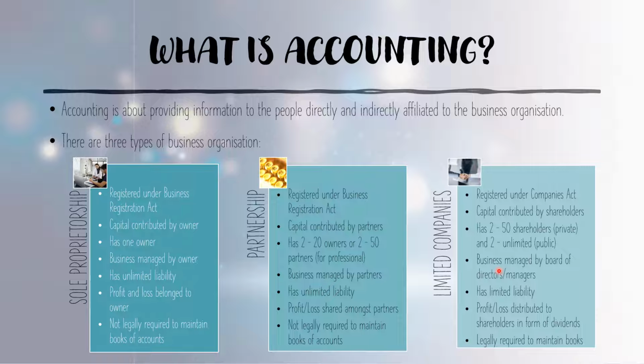The bigger the company is, the more distant between the owner and the manager. So usually owners will vote to hire the board of directors at the annual general meeting. So under limited company, the owners and the board of directors or the manager are two different entities.